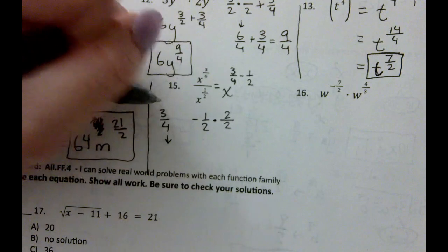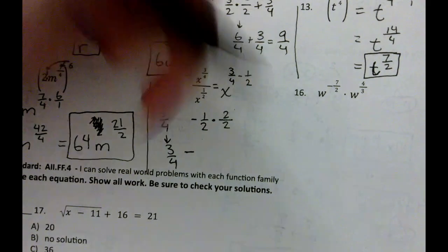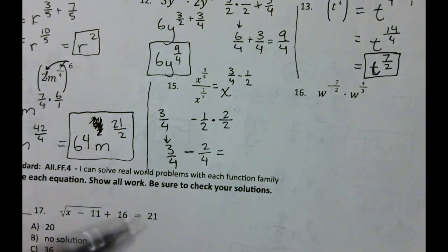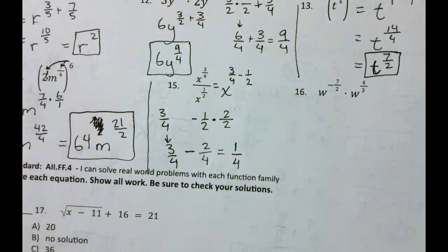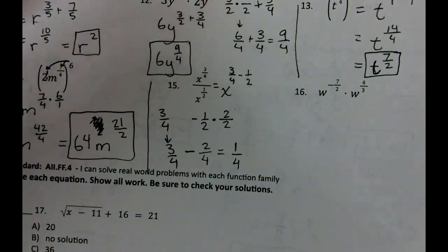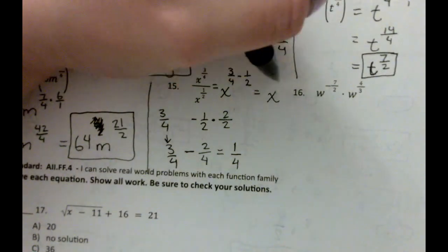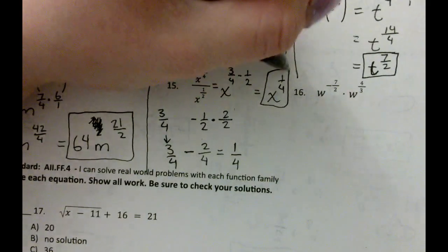And then I don't have to change this one, so it's just going to be 3/4 minus 1 times 2 is 2, 2 times 2 is 4, and now we can subtract. 3 minus 2 is 1. Denominators stay the same, don't actually subtract or do anything with them. So if we come back up here and put the fraction in, this is now just x to the 1/4. There's my answer.